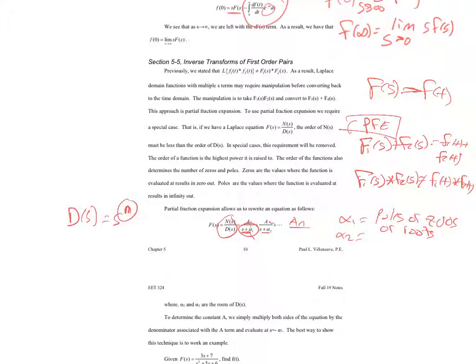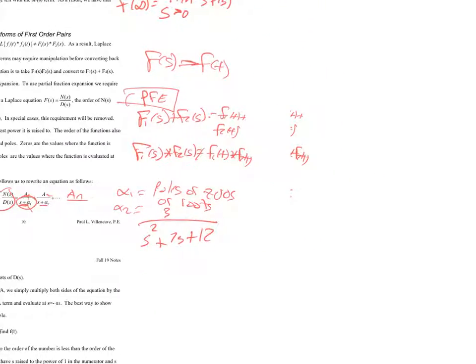So if I have a simple one which is s squared plus 7s plus 12 in my denominator, how would I do partial fraction expansion of that? Let's say it's 3 over s squared plus 7s plus 12.